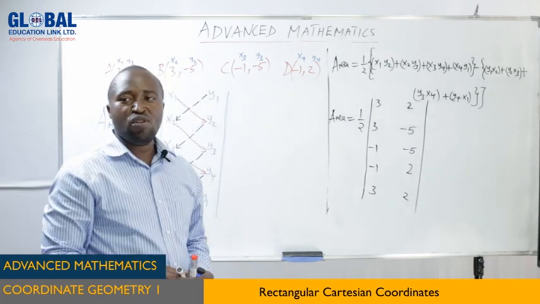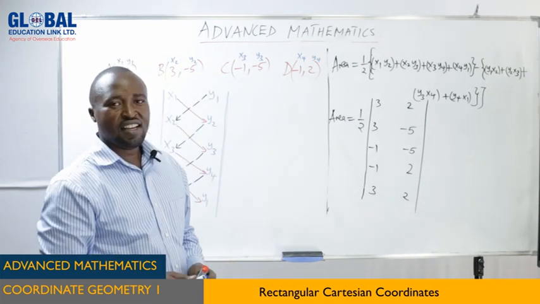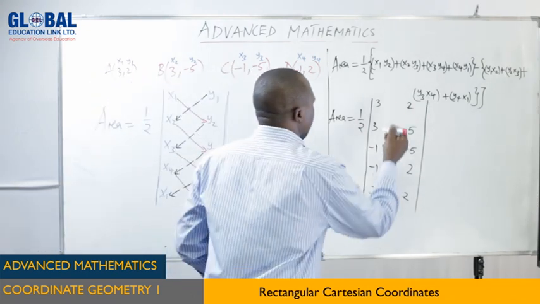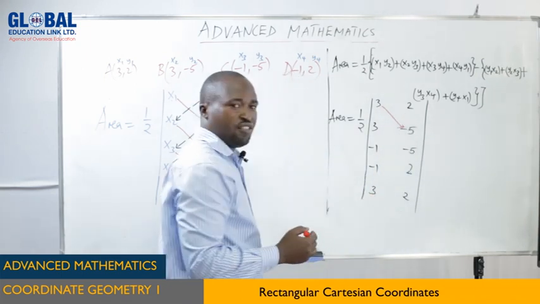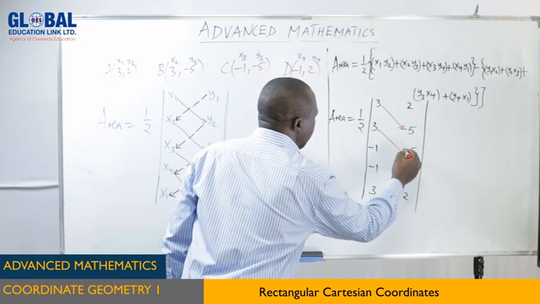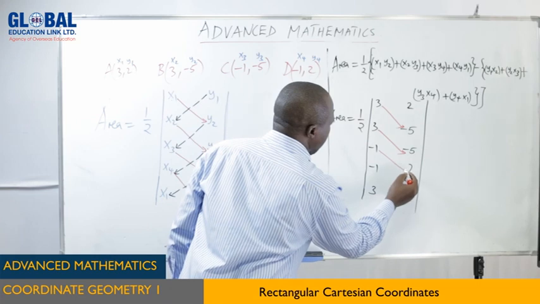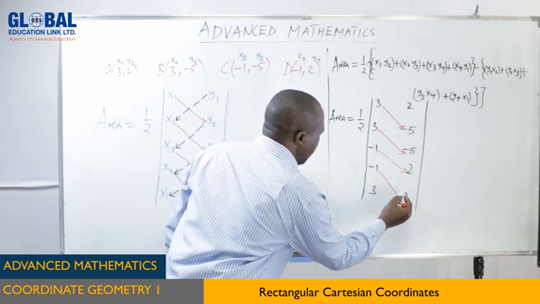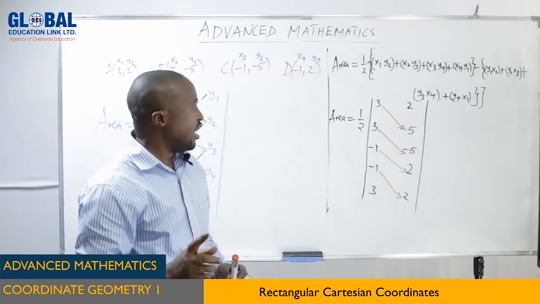So again, remember, we are using arrows and dotted arrows to separate our coordinates. So 3 will go with negative 5, followed by 3 again and negative 5. Then we have negative 1 and 2, then negative 1 again and 2. That is for the case of arrows.